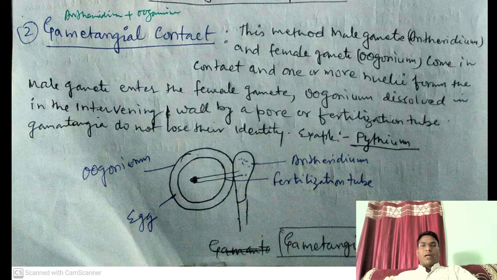The gametangia do not lose their identity. An example of this kind of reproduction is Pythium.